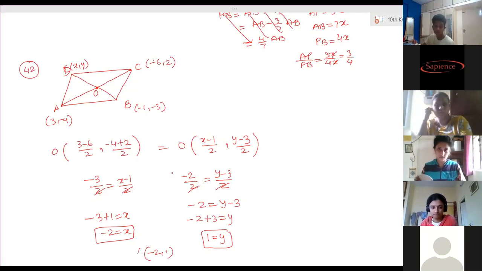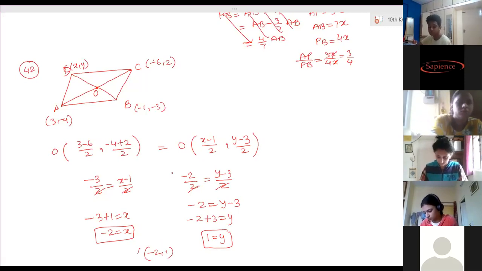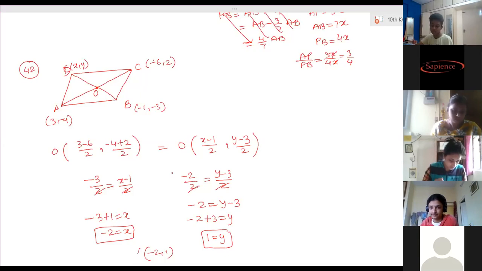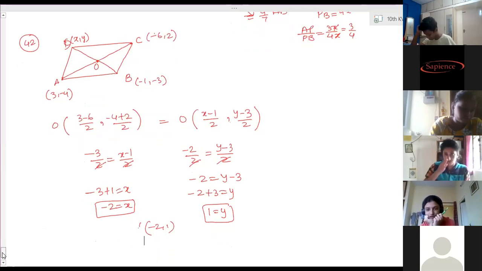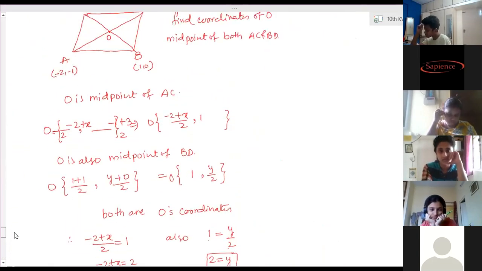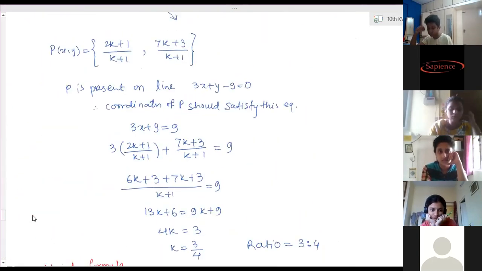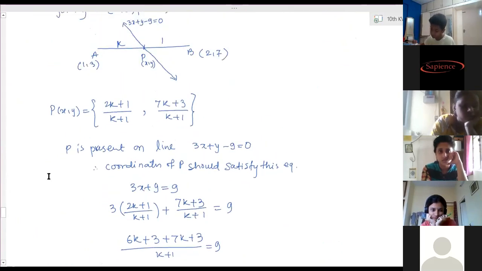Ma'am, I have a doubt in the 44th one. Determine the ratio in which the line segment is divided. First find out P's coordinates. The same type of question we have solved here itself. So find P's coordinates in terms of K. The points (3, -1) and (8, 9) they have given.